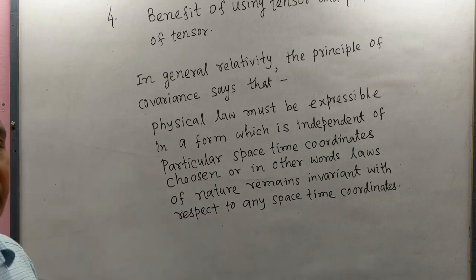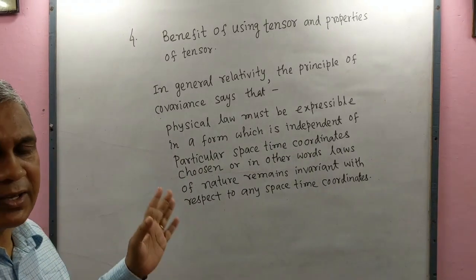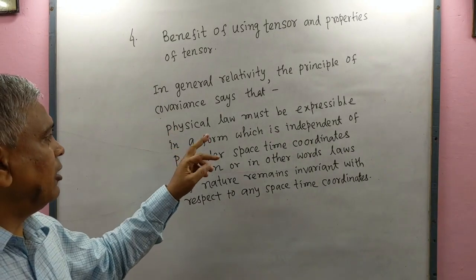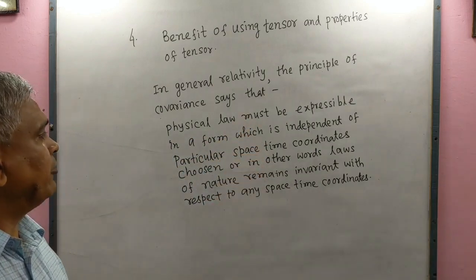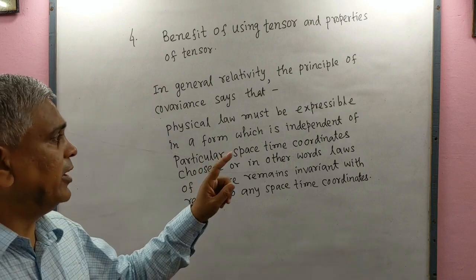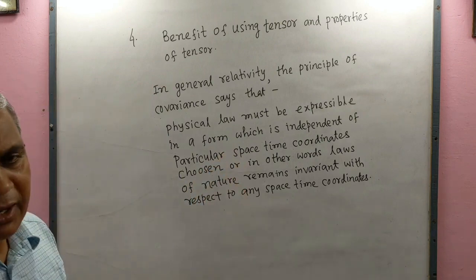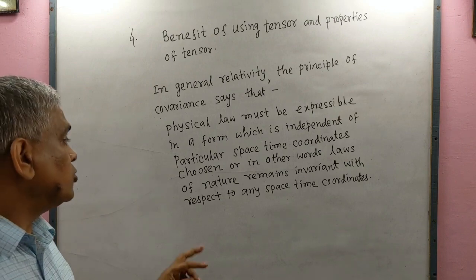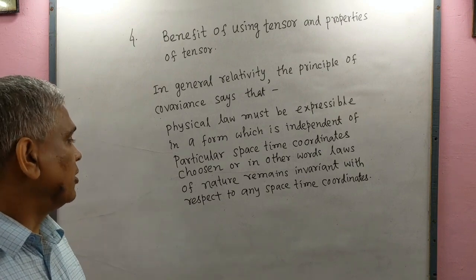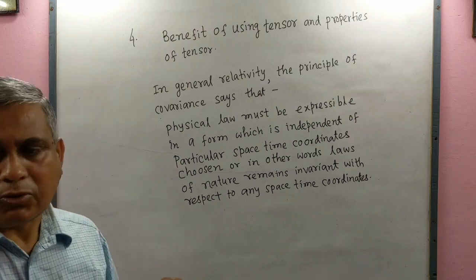Now we will discuss the benefit of using tensors and the properties of tensors. In general relativity, the principle of covariance says that physical laws must be expressible in a form which is independent of the particular space-time coordinates chosen; in other words, laws of nature remain invariant with respect to any space-time coordinates.